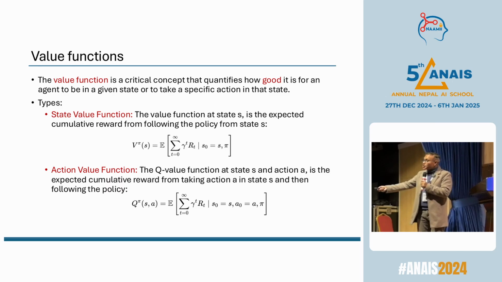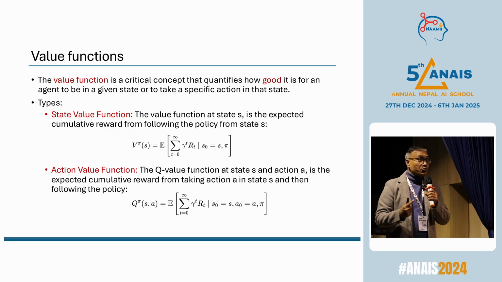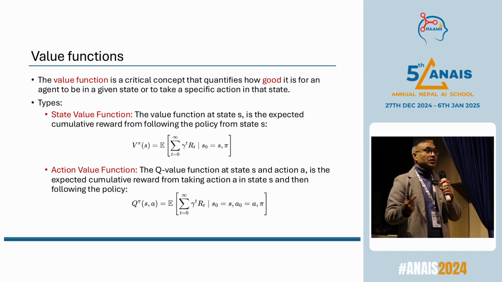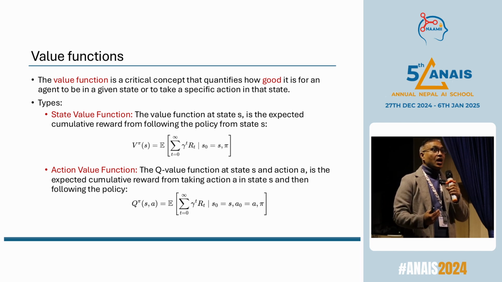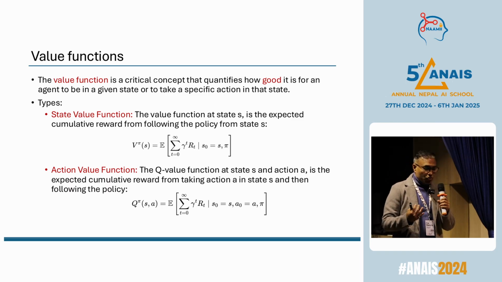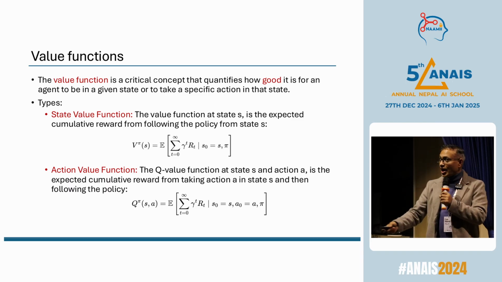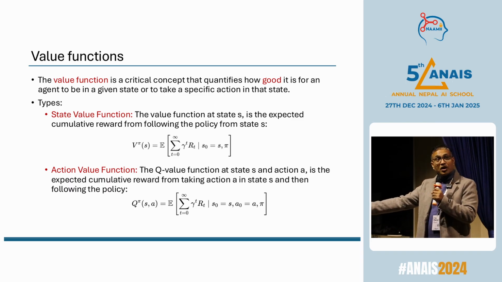And what is the action value function then? The action value function is a little different from the state value function. For example, I'm in this position and I'm going to take the next move, that is the next action. If I take this action, how good is this action, based on this state? That is described by the action value function.